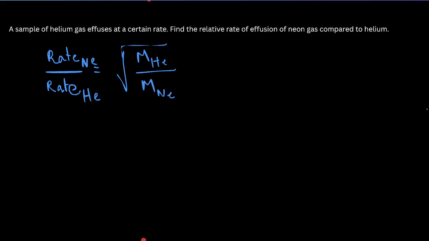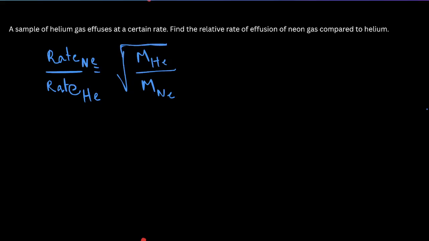We're told that a sample of helium gas is effusing at a certain rate. We're not given the rate, and we're not given the rate of effusion of neon either. We're just told to compare them relatively, so we're not dealing with any real tangible rates here. So what do we do? We just use our molar masses, because we have access to those from the periodic table.